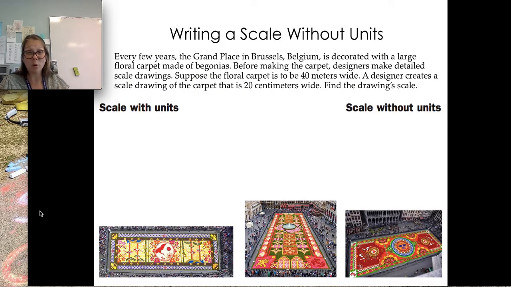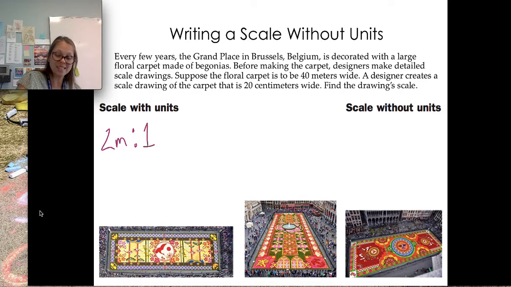Writing a scale without units means that the units have to be the same. In the last problem, we wrote the scale with units, where it said 2 meters to every 1 centimeter. But if we wanted to write this without units, we would need to have them both in meters or both in centimeters.